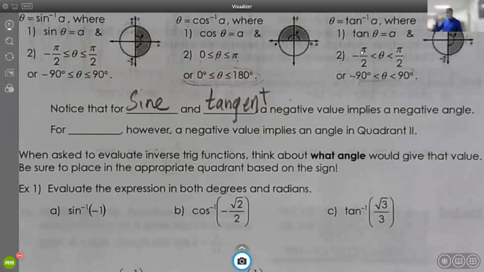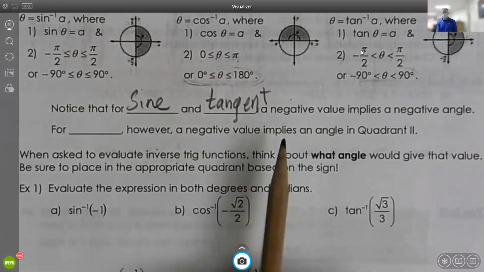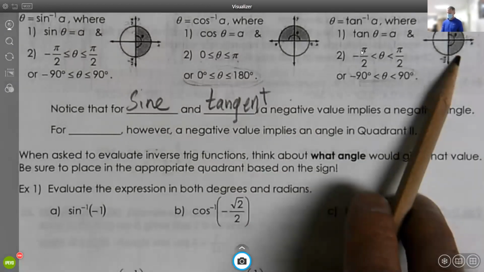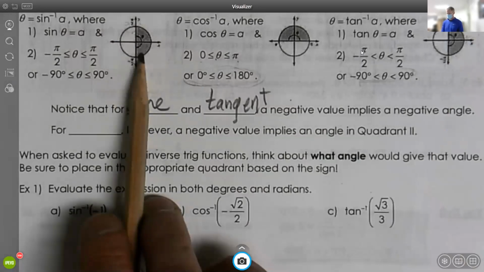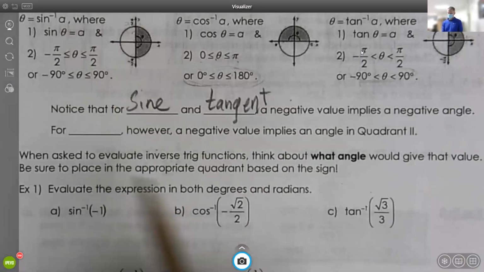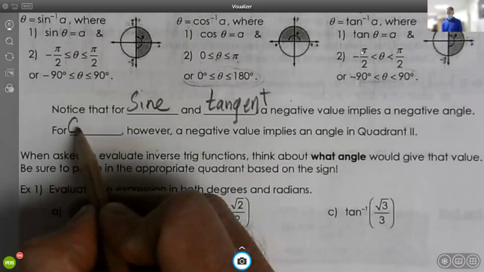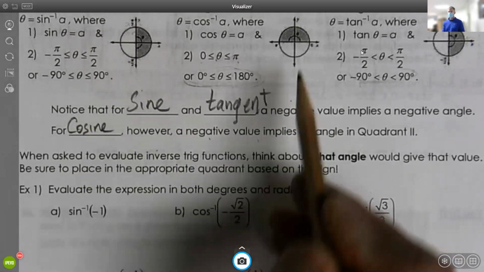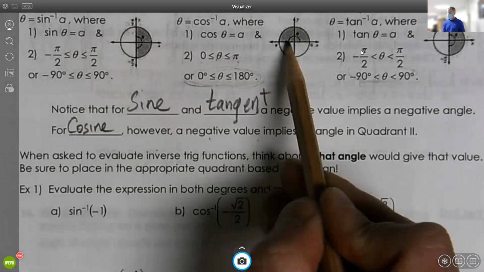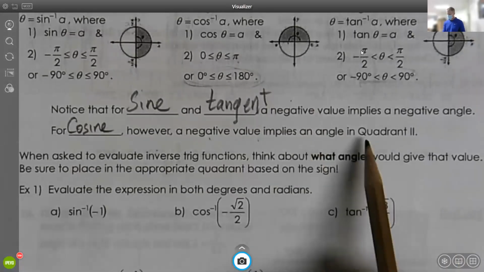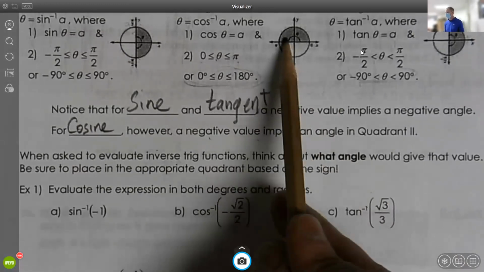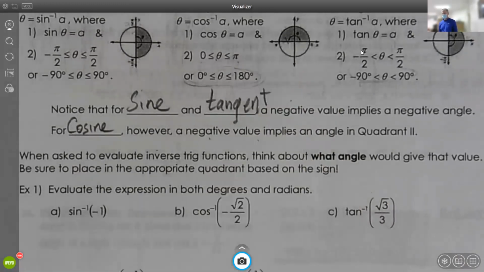We can convert that to a positive angle, but that's going to give us a negative result because we're down here in this below the x-axis zone. Okay. Then for cosine, when we get a negative value, that puts us in the second quadrant which actually gives us an obtuse angle. That will give us 120, 150, 132. You can calculate an obtuse angle.